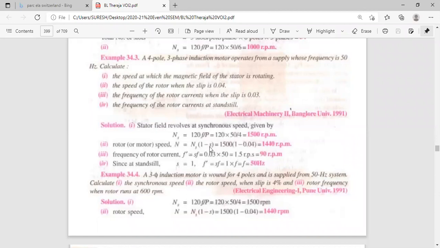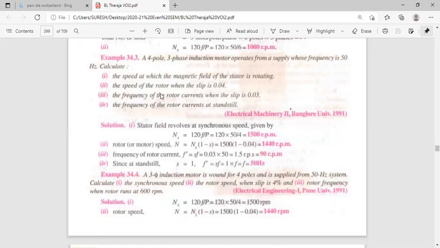N is the speed of the rotor. S is 0.04. If you calculate this, you will get 1440 rpm. Actual speed of the rotor is 1440 rpm. Okay. That is the second bit. Any doubt in the second bit? No, sir. They'll ask very simple problems. You will get easily 2 marks.